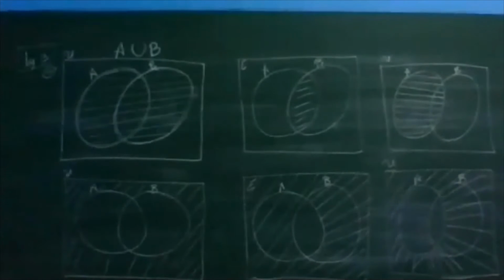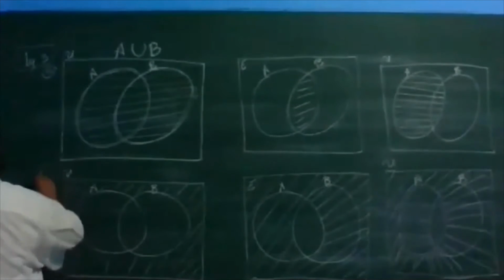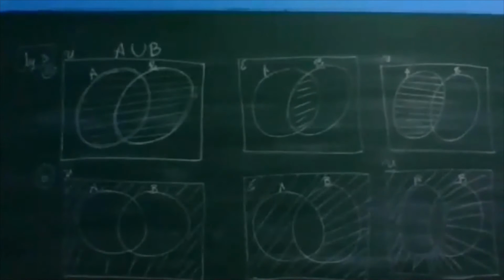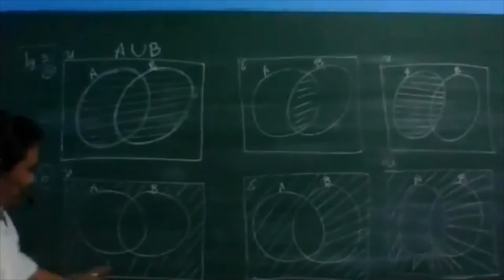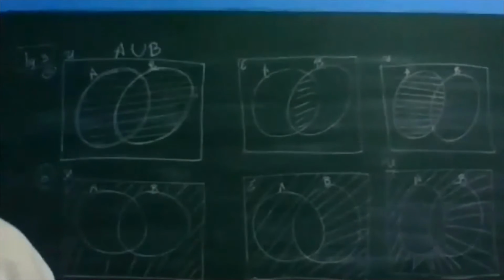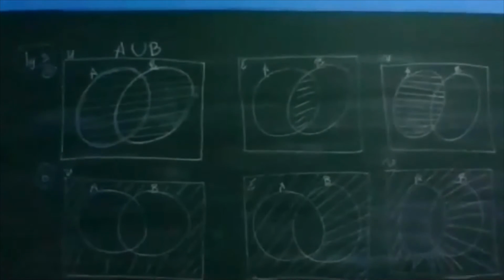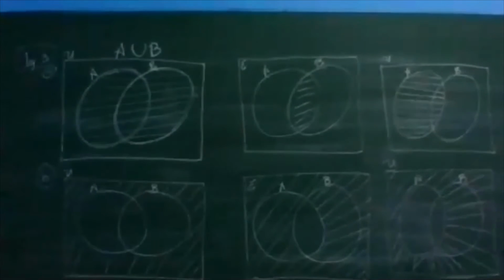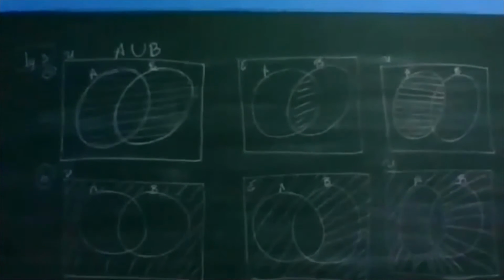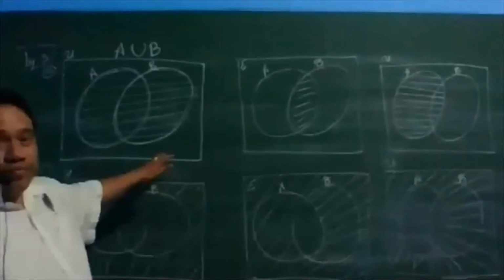All right, good. Let's look at B. Notice in B, everything outside of the circles is shaded. And I want to name it. In other words, it is the opposite of the first one.